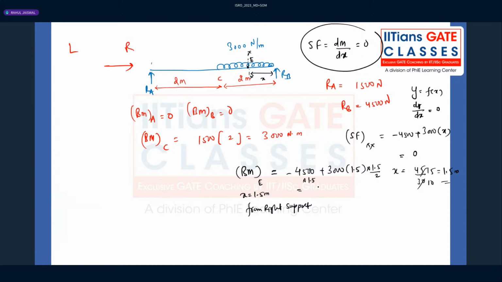So I'm getting 3375 Newton meter. Minus or plus? 1500 into 1.5 into 1.5 minus 4500 into 1.5.